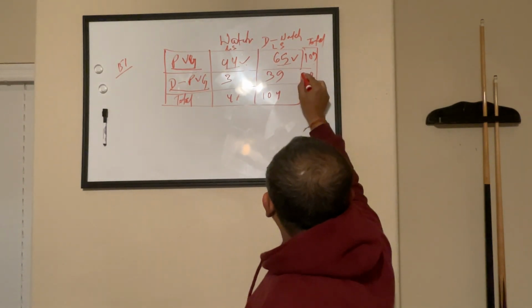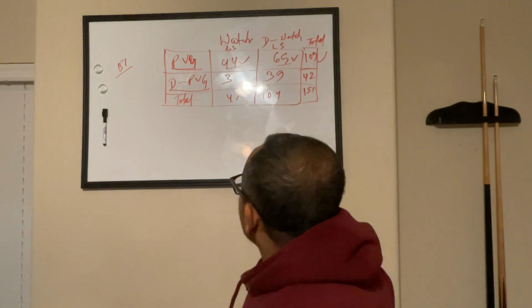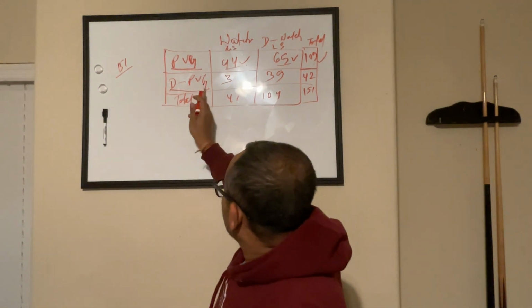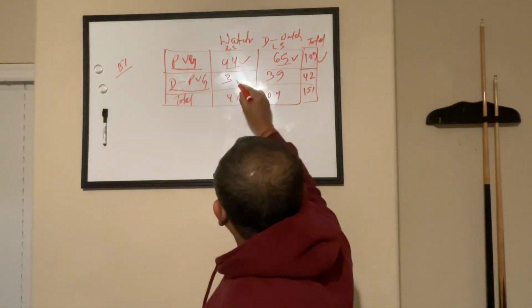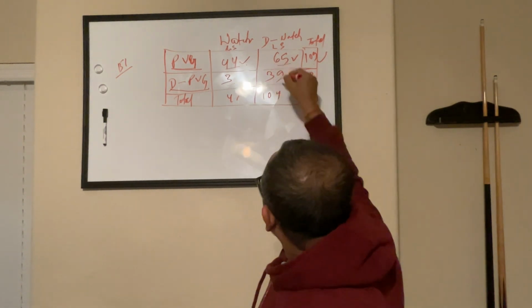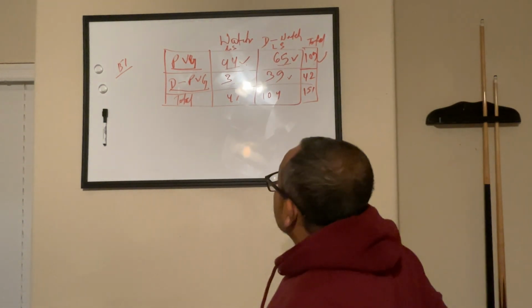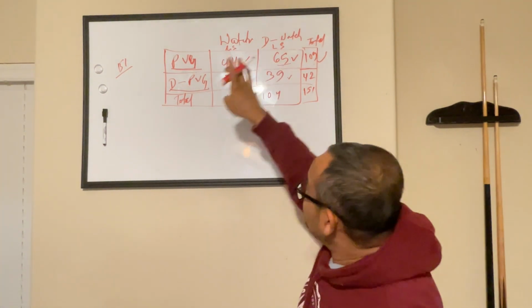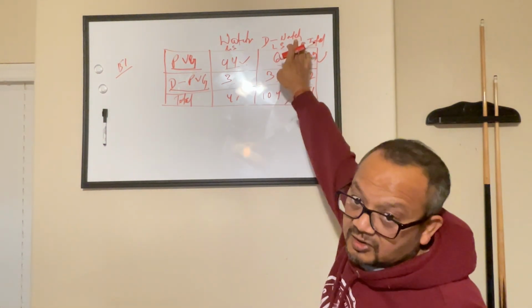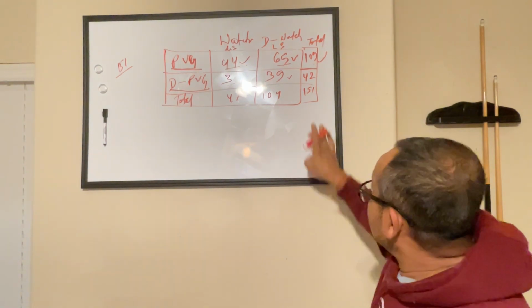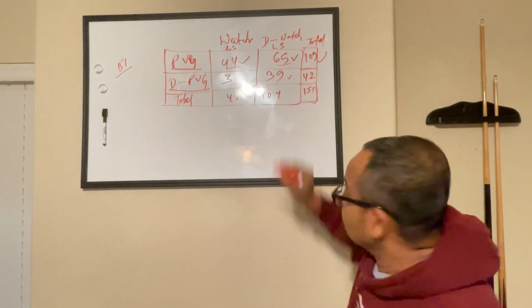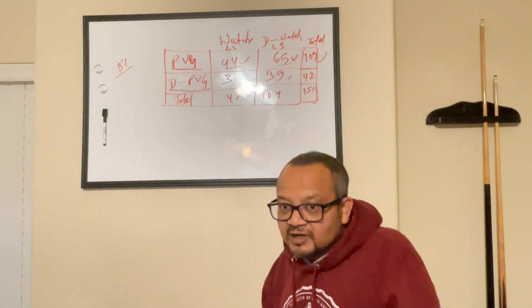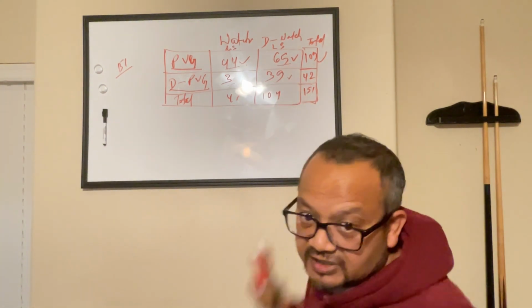So the total number of kids playing video games is 109. And there are 3 kids who do not play video games but watch live stream, and who don't watch live stream also, that is 39. So there are 39 boring kids who neither play video games nor watch live stream. So this is the finding from the survey. Basically, somebody took a notebook, asked this question and plotted this data here.